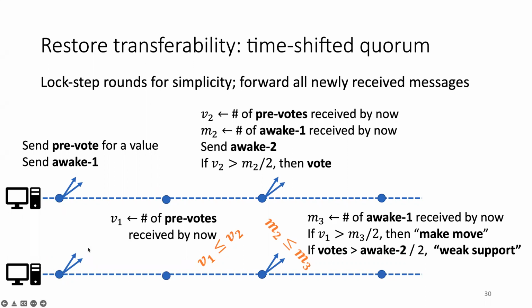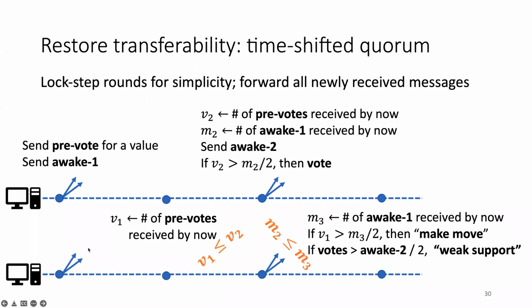Yeah, so that's basically it. Therefore, if I'm making that move, my V1 is larger than half of M3, and my V1 is smaller than their V2, and my M3 is larger than their M2. So if this is true, then that inequality is true for everybody.